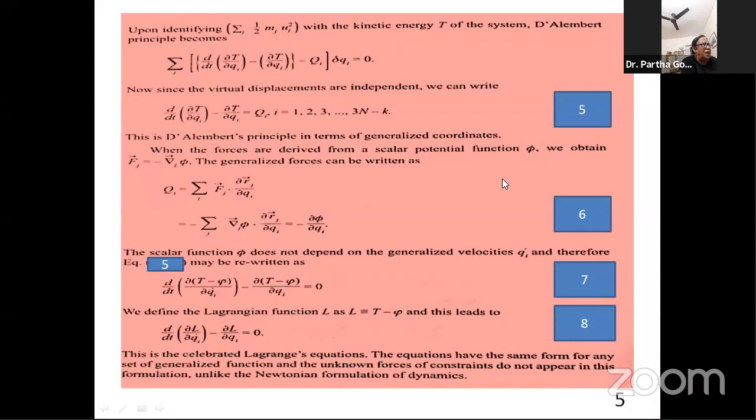I have a spring of spring constant K firmly attached to the floor at the point P, and there is a table with a hole in it, and X and Y axes have been shown, and we have a thread connected to the spring, of course, and a mass m is attached to it.